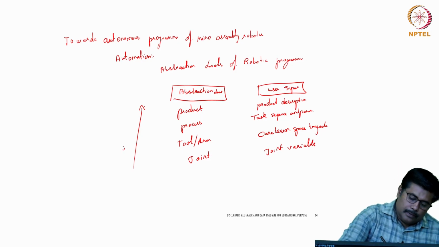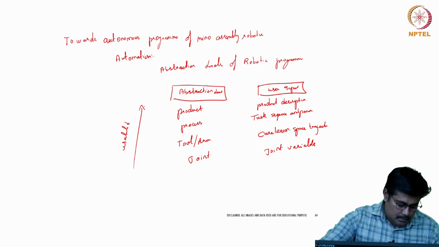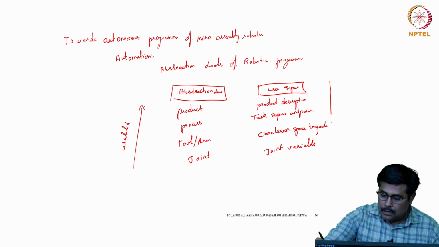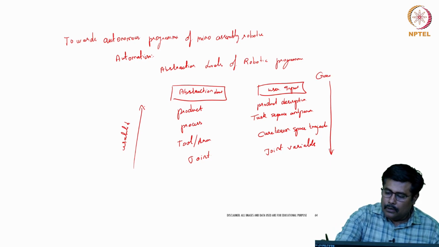So, we have the usability in place. Then we have the granularity of control.